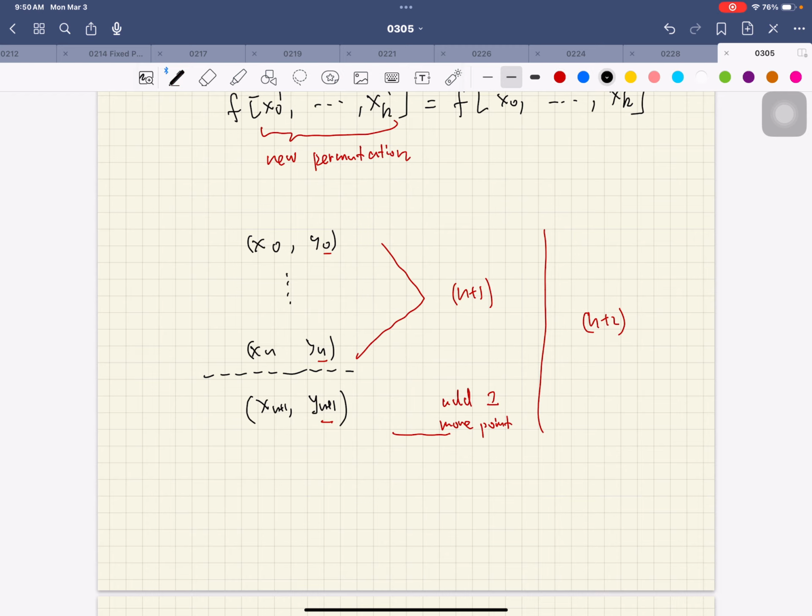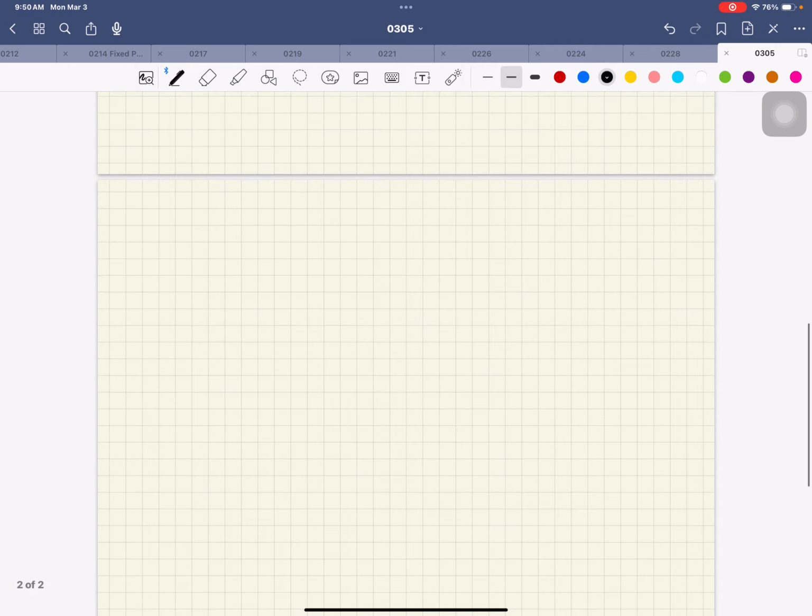Okay, so this is a very abstract way to say this, and we can just consider one simple example, and I think you will understand this easily. This example is not in your textbook, so maybe you need to take a note.